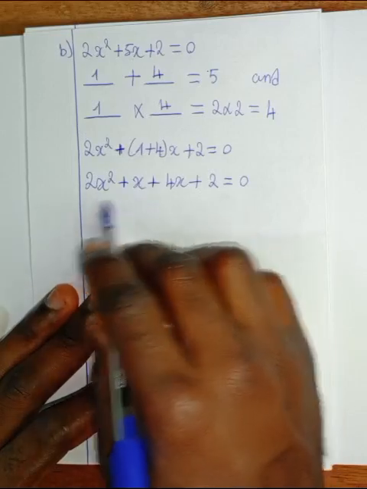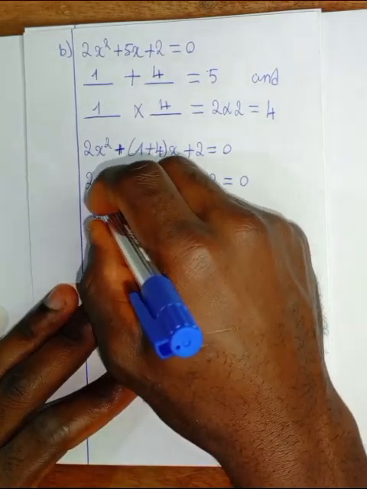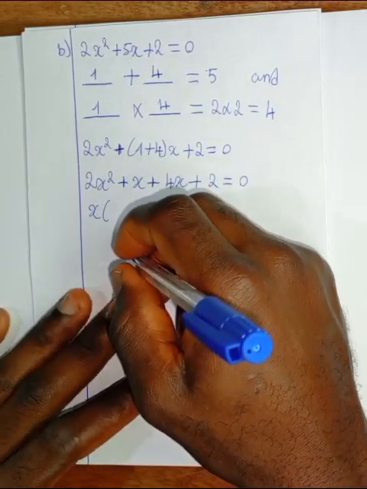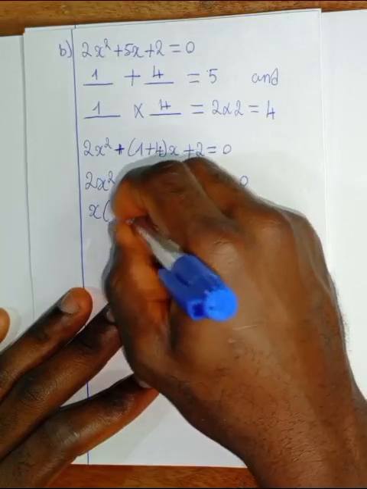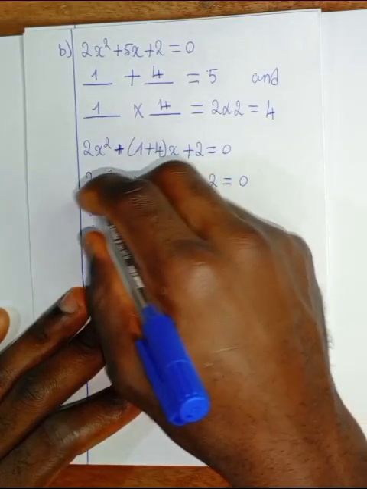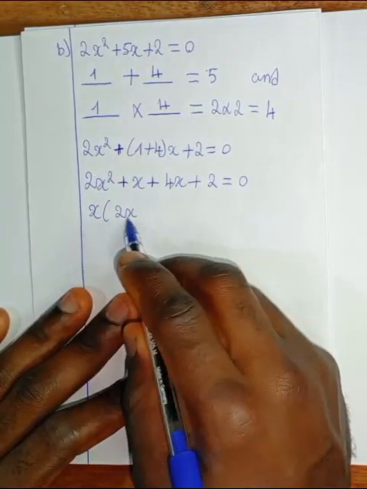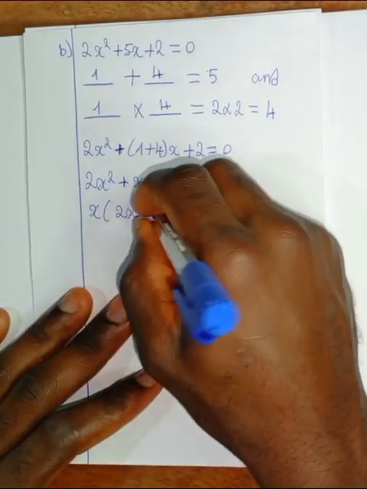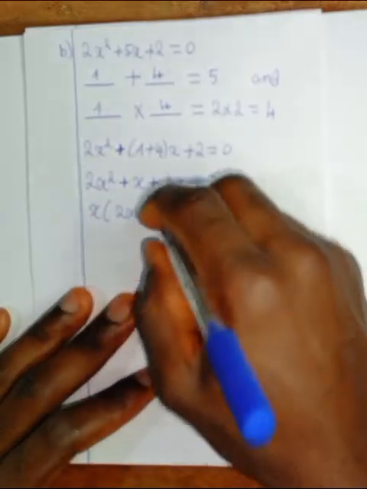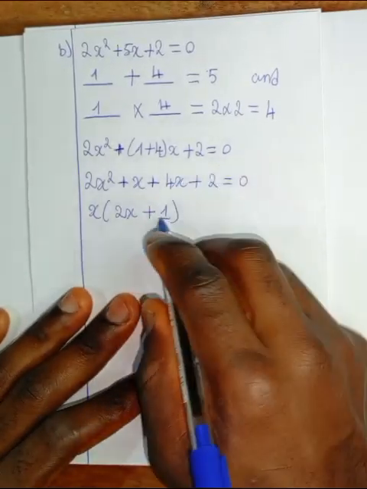Looking at these two terms, you'll see that x is common. We're going to factor out x. X times 2x will give us 2x squared. Take note of this. Plus x times 1 remains x.